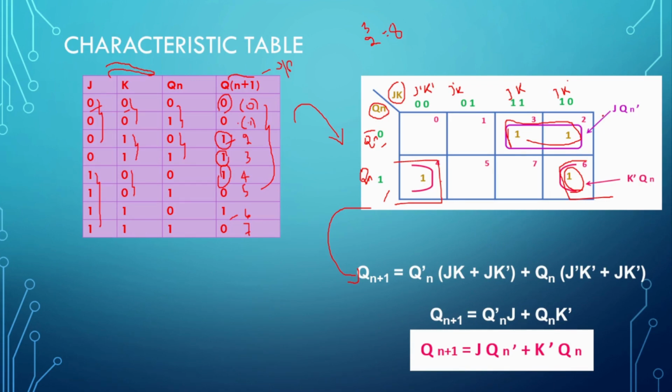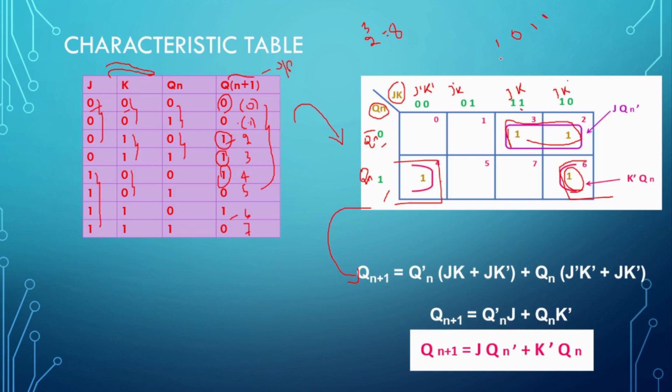And write down the equation for the first group. See here, compare both the values, and if you have a different value you need to cancel it out. So for the first one, what will be the Qn value, that is 0, and what will be the J value, that is 1. Afterwards the K value is 1.